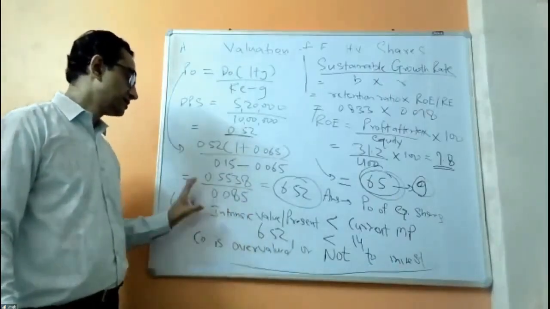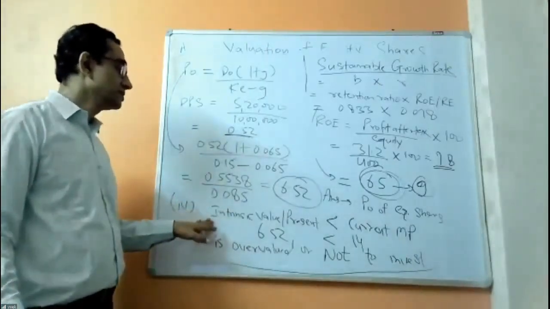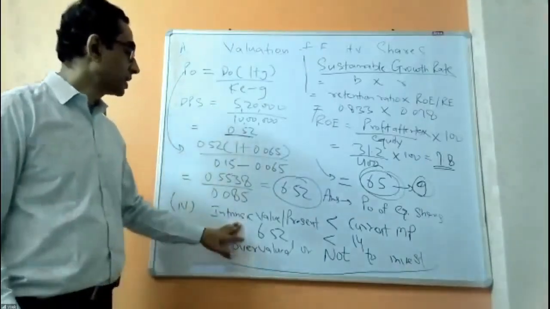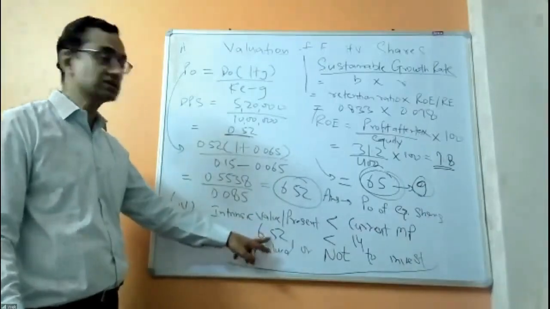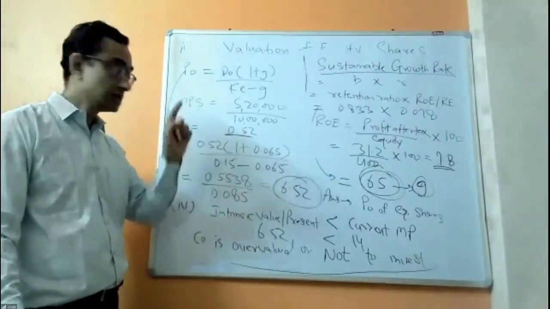The reason is that it is very likely that in future the market price of the share will not rise beyond 6.5, because it is the present value of future cash flows.